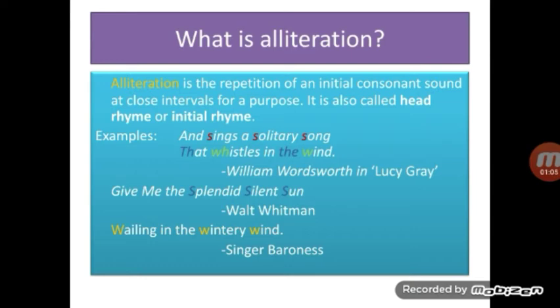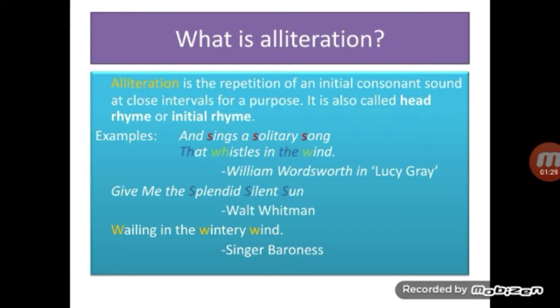It is also called head rhyme or initial rhyme because it is the first letter or set of letters that carry the sound. And here, examples are given. The first example is from William Wordsworth's poem Lucy Gray.